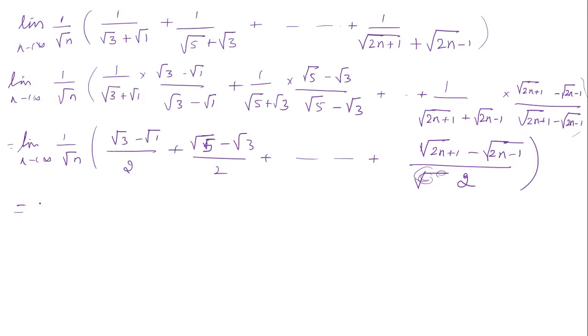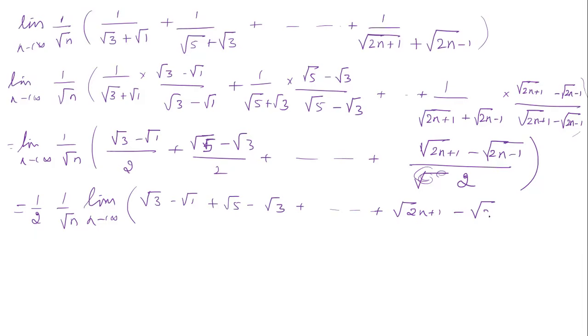Take 2 outside. 1 by 2, 1 by root n, limit n tends to infinity, root 3 minus root 1 plus root 5 minus root 3 plus and so on plus root 2n plus 1 minus root 2n minus 1.